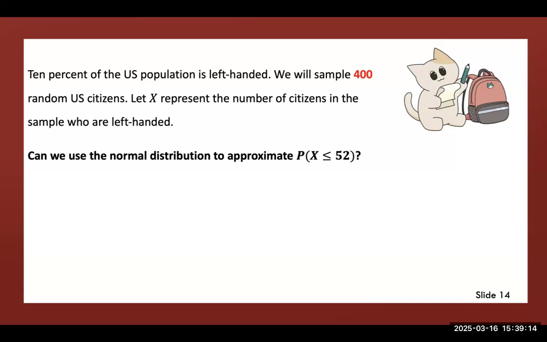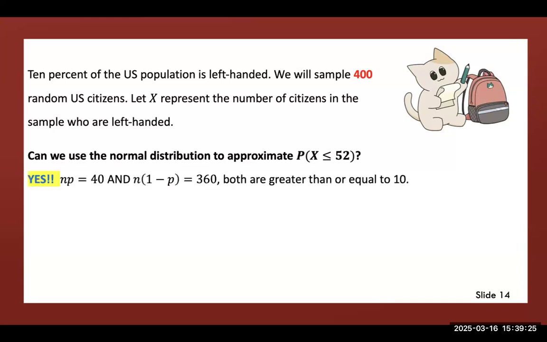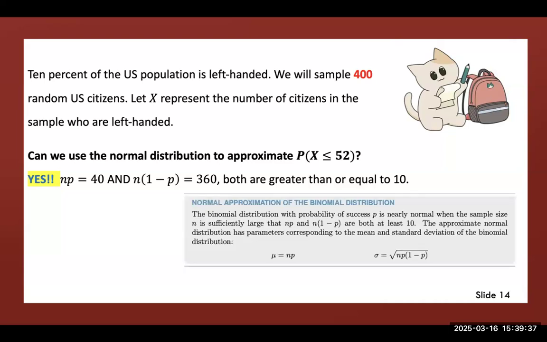That's 40 people expected to be left-handed. If 40 people are expected to be left-handed, 360 would be expected to be right-handed. Both of those numbers are greater than or equal to 10. So since both of those numbers are greater than or equal to 10, we can use the normal distribution to approximate this probability. How do we do it?